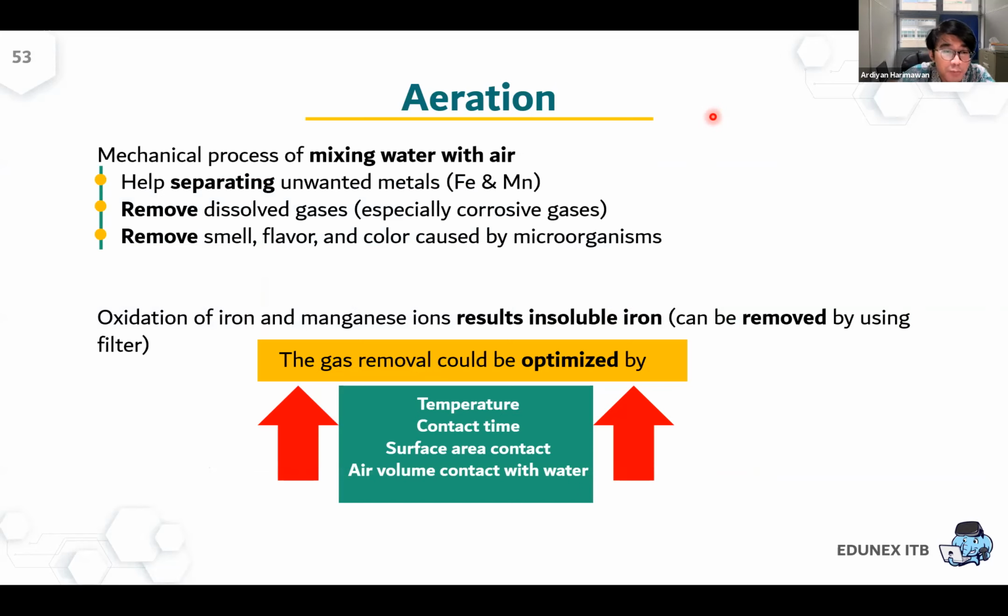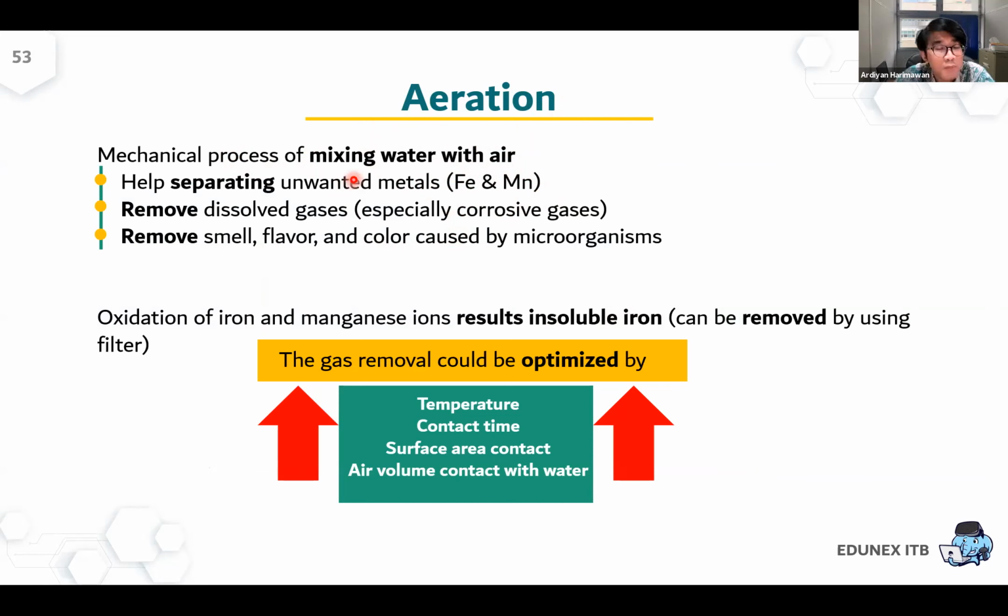Aeration in water treatment is basically used if you have unwanted metals like iron and manganese. When you do the aeration in a mechanical way, it helps mix the water with air, right?